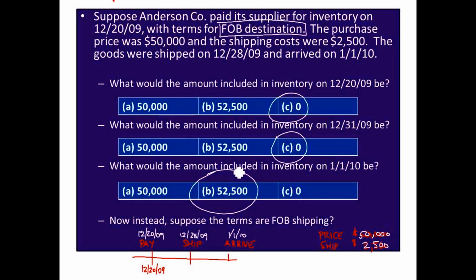But if I don't, on 12/31, when I close my books, I need to record the fact that that inventory belongs to me. Okay? And so everything else would stay the same. The only change would be this thing is going to be here. Okay? I would record the full cost of my inventory at the end of the year. Yeah.